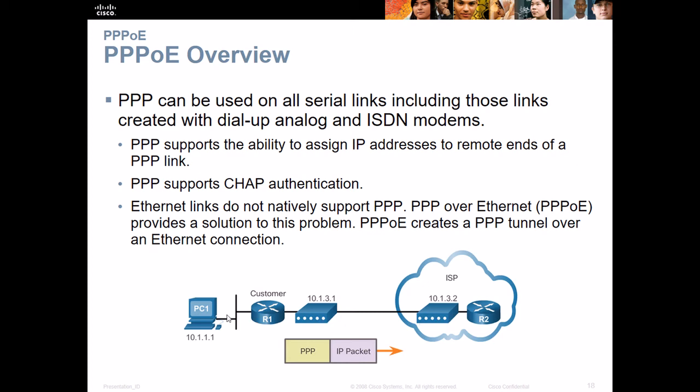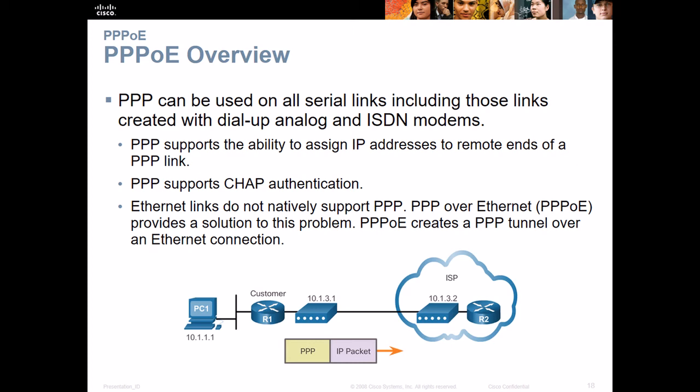So your Ethernet packet has to be stripped out, and the packet put into PPP and sent out. But now you can actually take an Ethernet packet, use an Ethernet wire, and just wrap it up in a PPP packet. It uses authentication and Ethernet links.